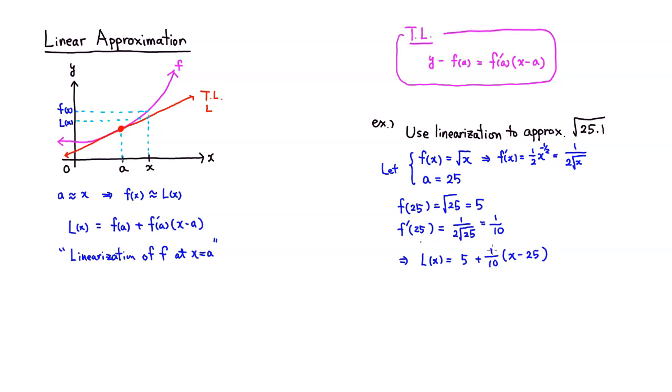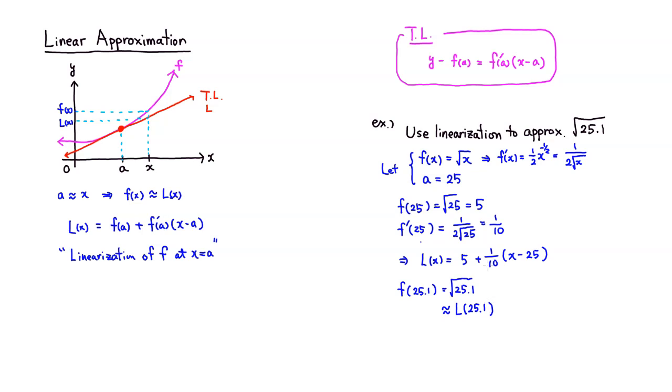What we are trying to find is the actual value, f of 25.1, which is the square root of 25.1. But we want to approximate that value using the linearization. It's not the same, but it's going to be similar to L of 25.1. That makes sense?